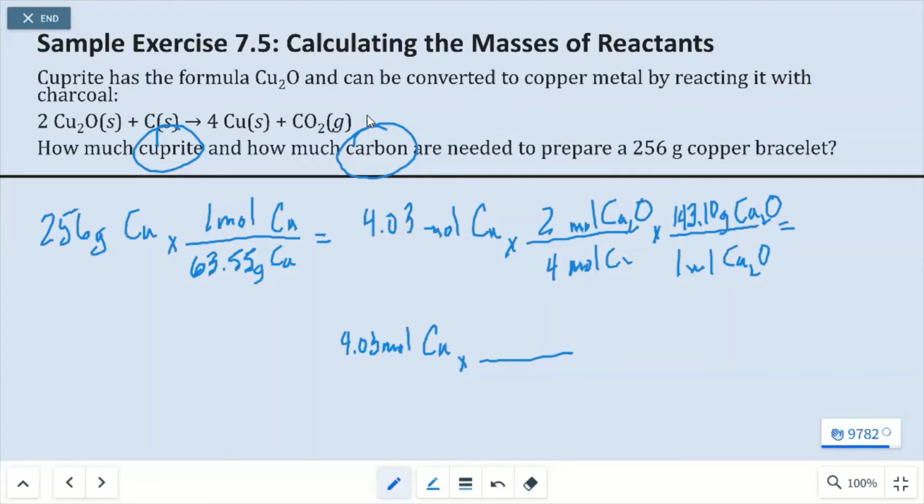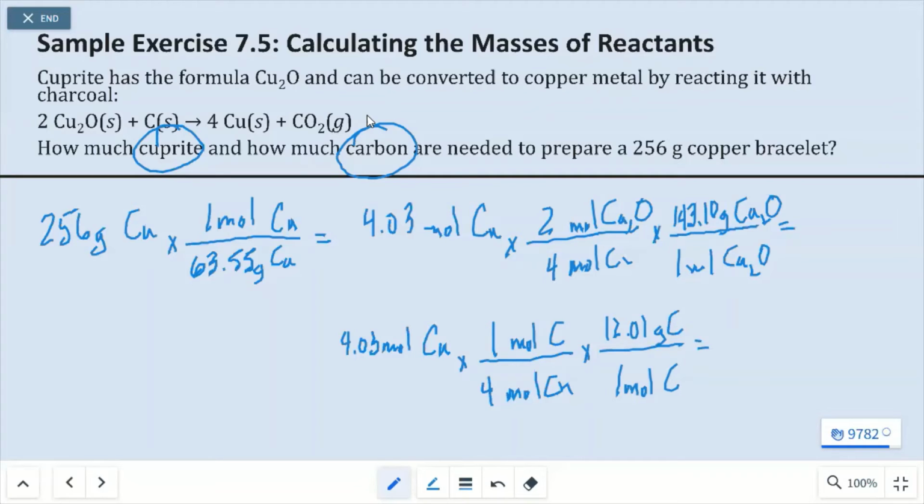To turn it into copper, carbon, 4 moles of copper is 1 mole of carbon. 1 mole of carbon is 12.01 grams.